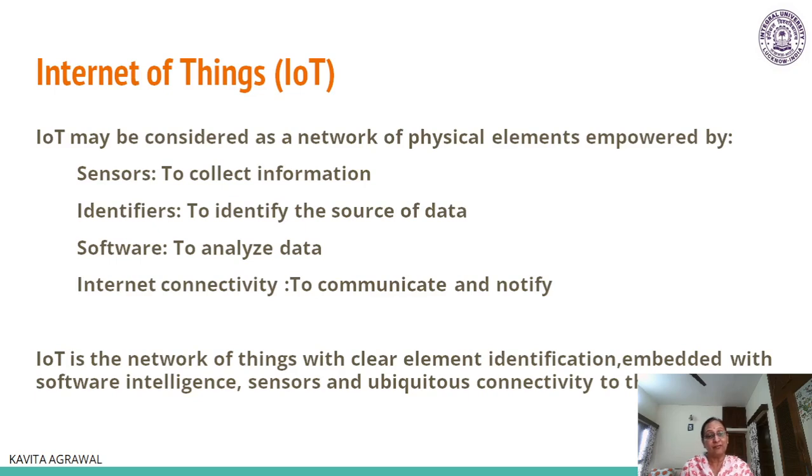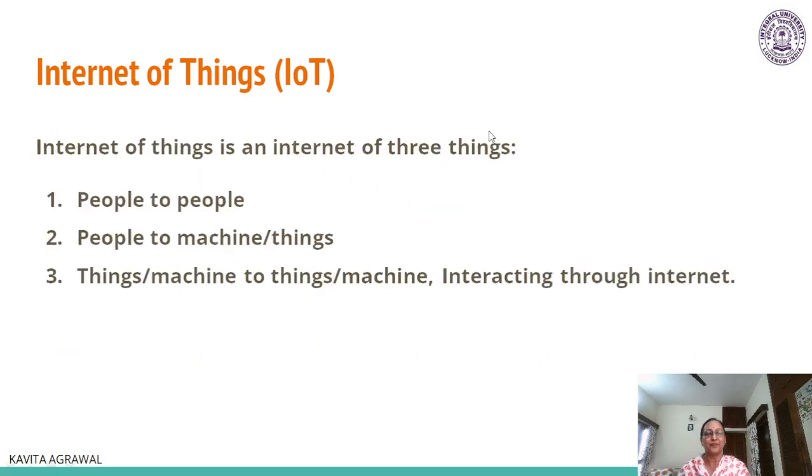Then we have to have software which analyzes this data and an internet connectivity to communicate and notify. So, Internet of Things is a network of things with clear element identification, embedded with software intelligence, sensors, and ubiquitous connectivity to the Internet.